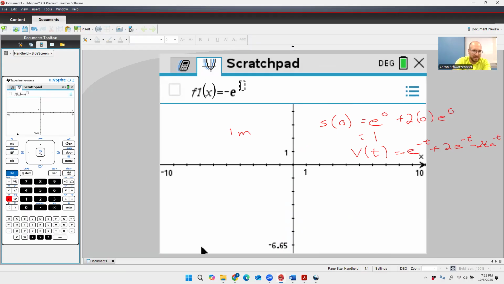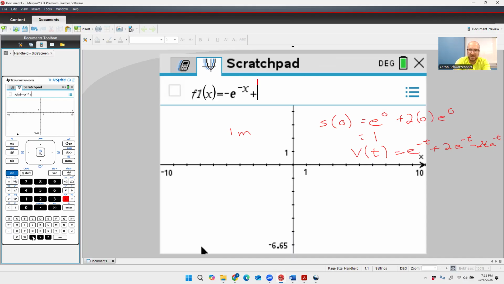Negative e to the negative x plus 2 e to the negative x minus 2x e to the negative x.